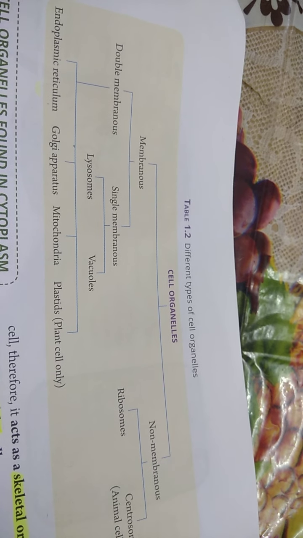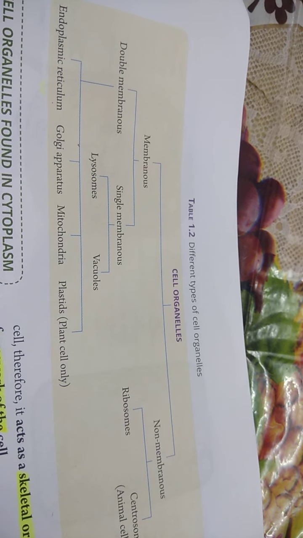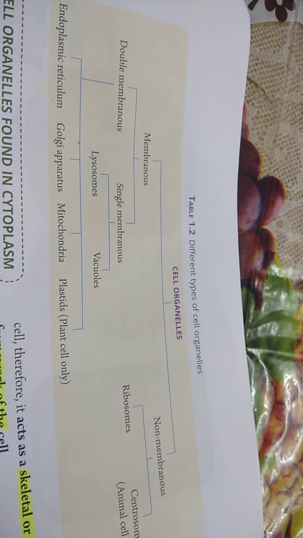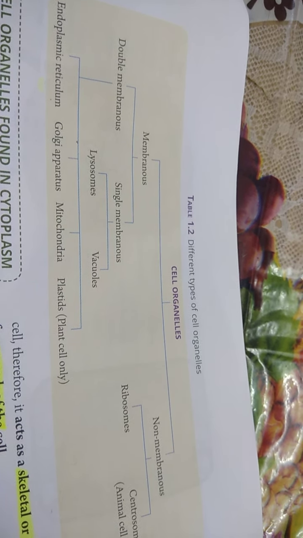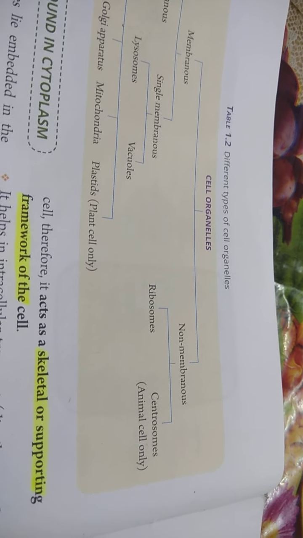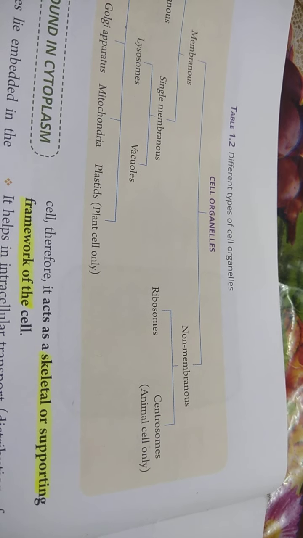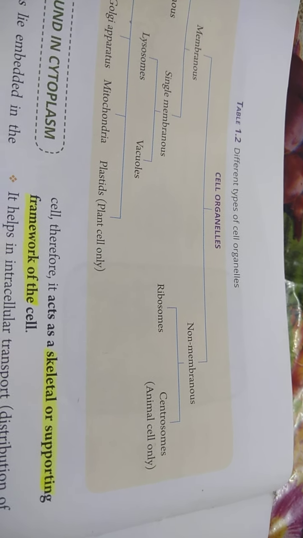And the single membranous cell organelles are lysosome and vacuole. Non-membranous cell organelles are ribosomes and centrosomes. Centrosomes are found only in animal cells.